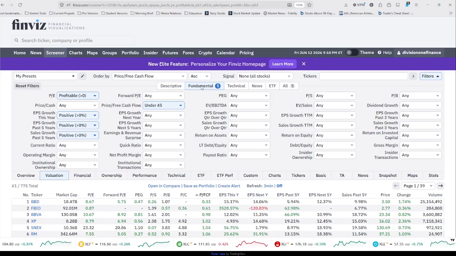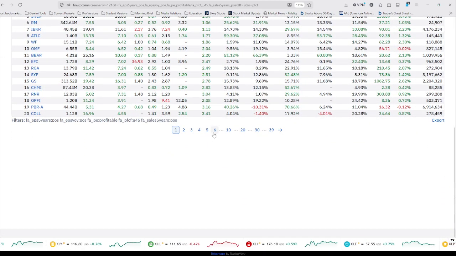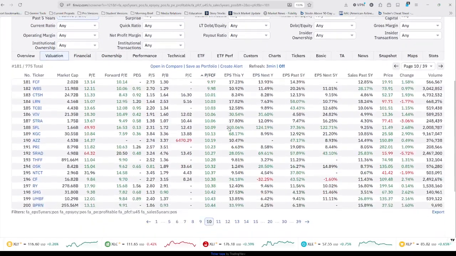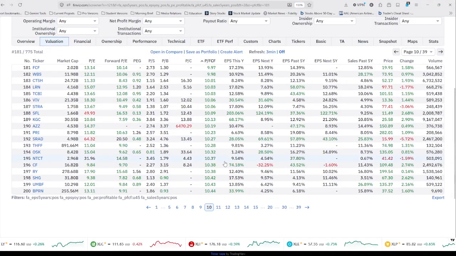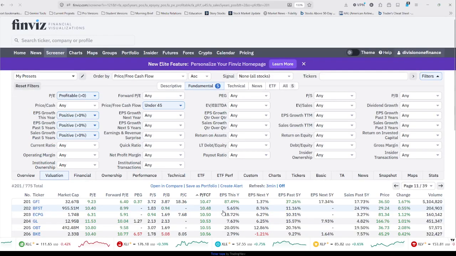Now, once they're in ascending order, like I said, the first 10 here is a no-no. So this means price to free cash flow of about 10.4 and back. It's really just a no for us there.